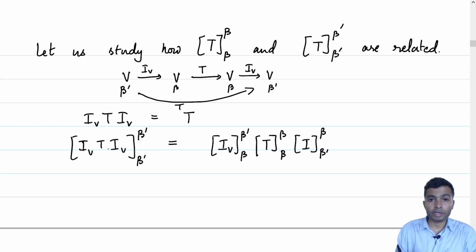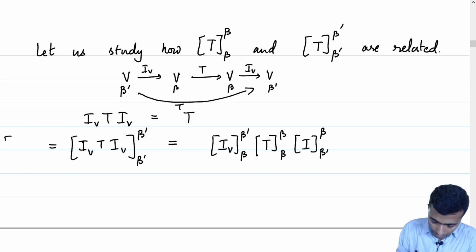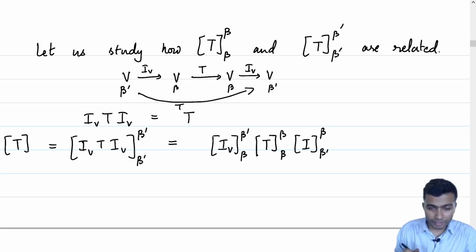But this left hand side is nothing but T, because IV T IV is just T, and this is with respect to beta prime and beta prime.